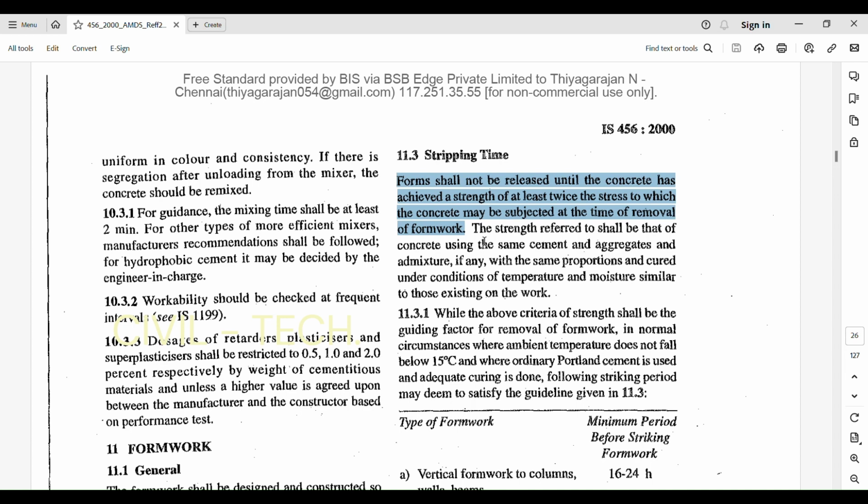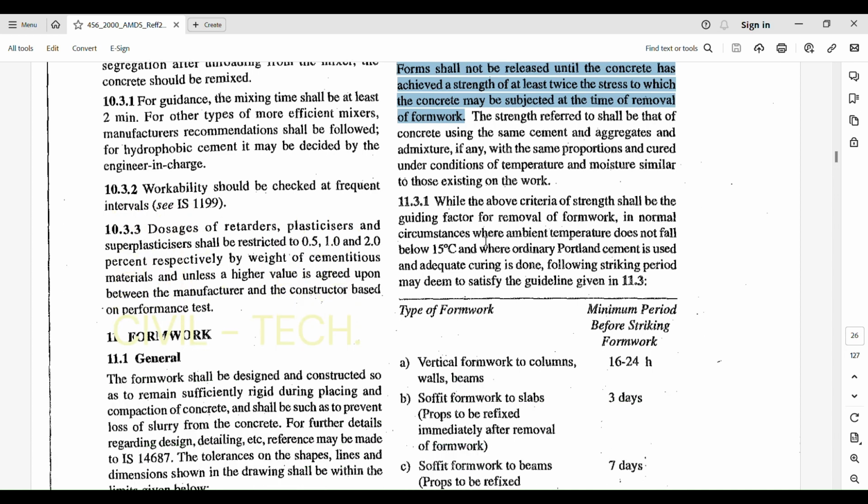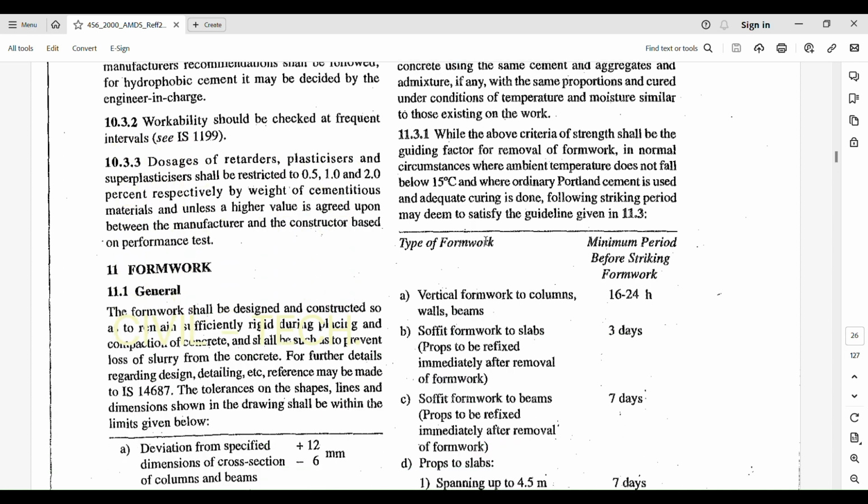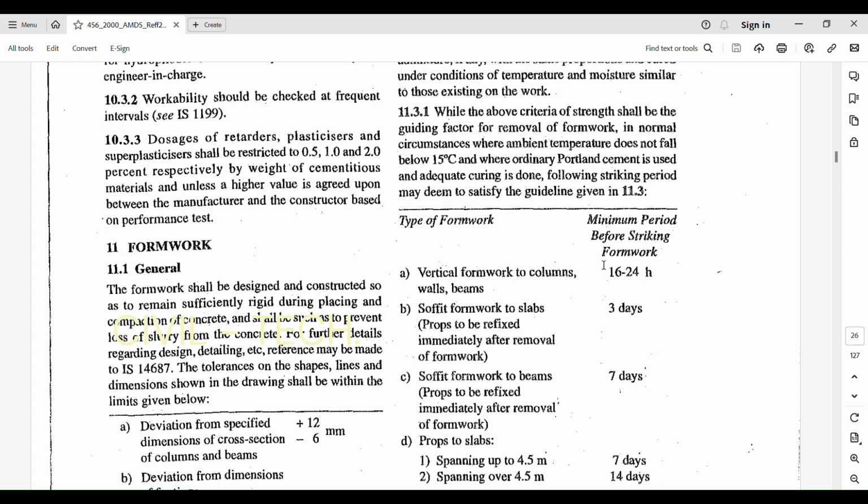So in the tabular column, they have mentioned the type of formwork and the minimum period before striking formwork. And this table is only for OPC, ordinary Portland cement, used in the concrete.